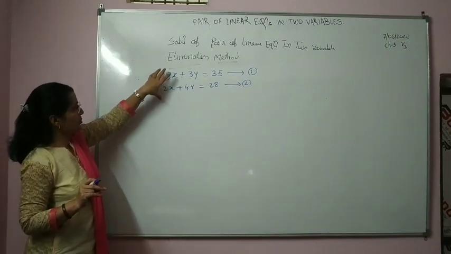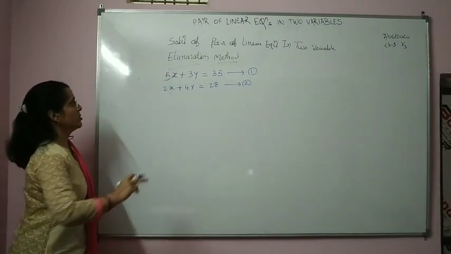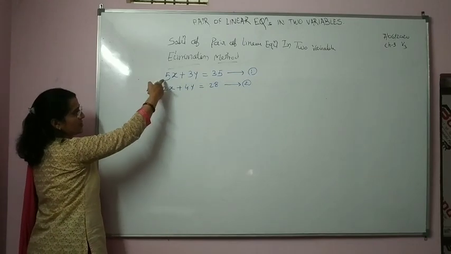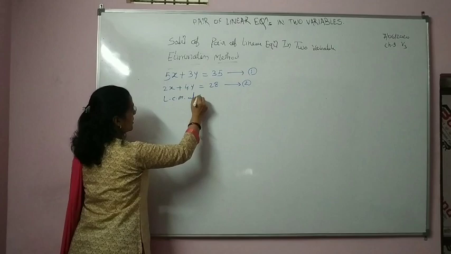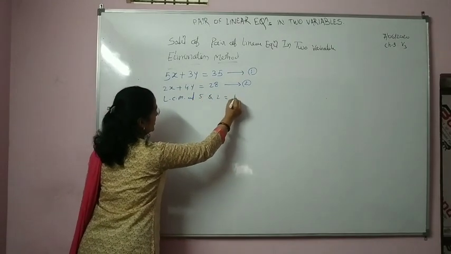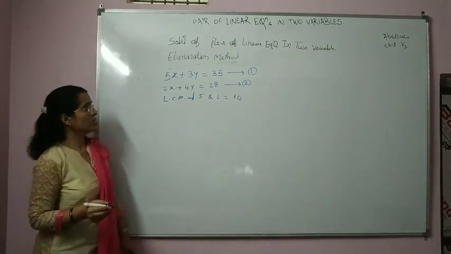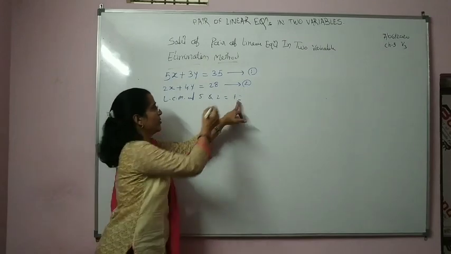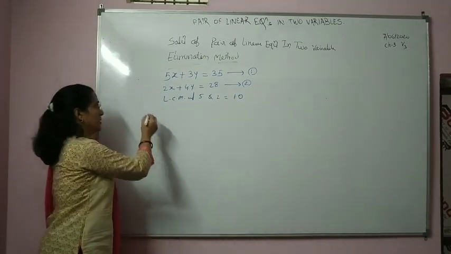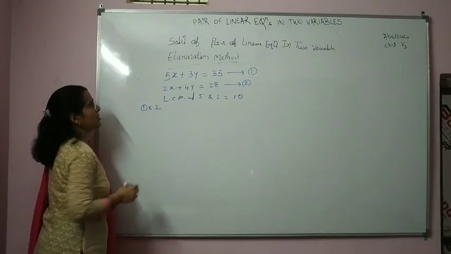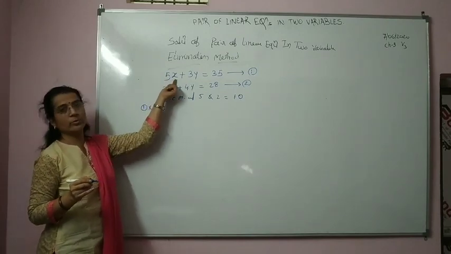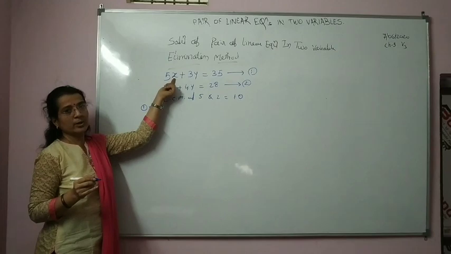Suppose you make the coefficient of x equal. Just take the LCM of 5 and 2, which equals 10. So we will make the coefficient of x as 10. The first equation will be multiplied by 2, because if you multiply the first equation by 2, then 5 turns to 10.